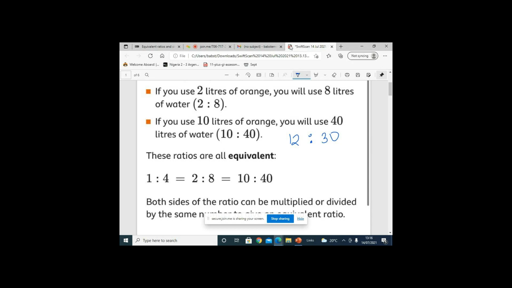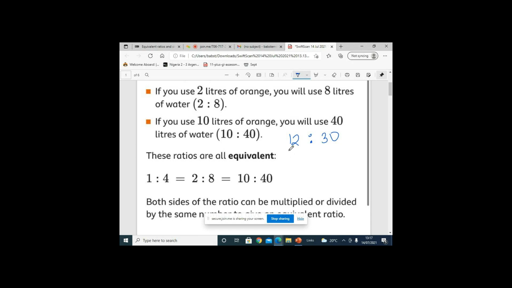Do you know the answer, Lilia, for 12 ratio 30? Both 12 and 30 are in the 6 times tables.